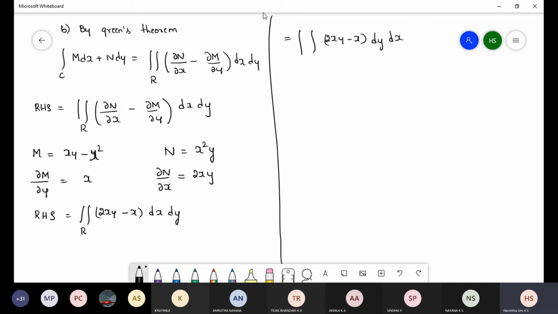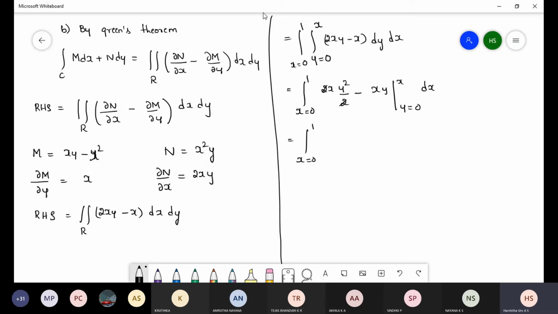Here y varies from 0 to x. Next, x is equal to 0 to 1 according to the diagram. See the diagram, here we are using the condition of changing the order of integration. So with respect to y, the integration of 2xy is x y square by 2, with y varying from 0 to x, into dx, and x is from 0 to 1.